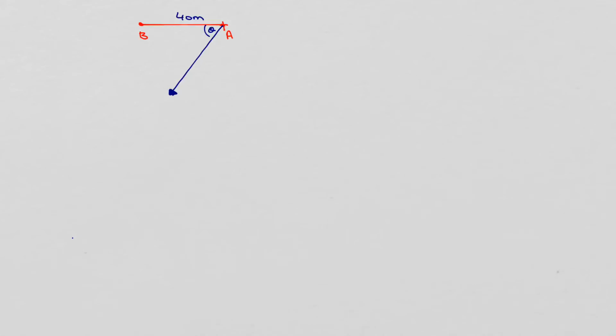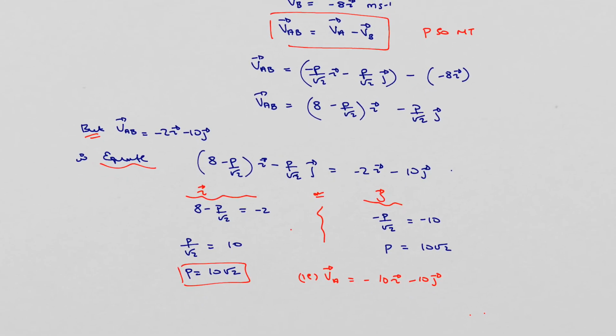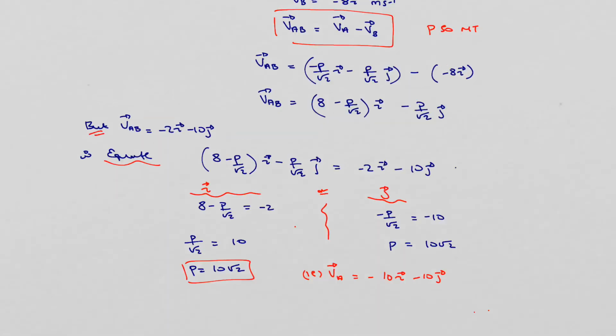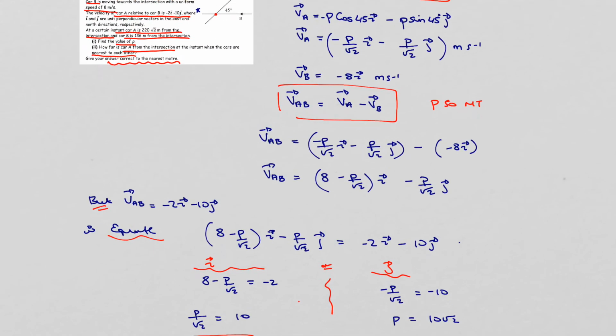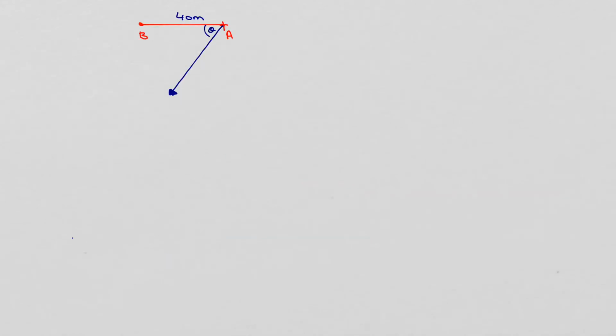I broke my traditional rule of always working out my magnitude and direction first. If I go back to the slide, I can see that minus 2i minus 10j is my velocity of A relative to B. So let's work out our magnitude and direction here so we know what theta is going to be. Normally we always do this at the start, so sorry about that.